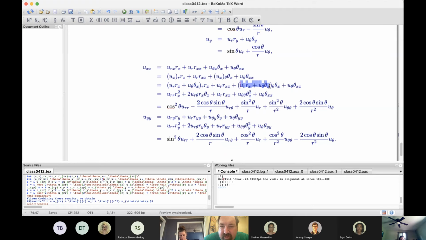This too also gives rise to 4 terms. 2 of them will combine to give you this. And then this term and this term come from product rule. But there are 2 additional terms that come from here that are not accounted for down here.